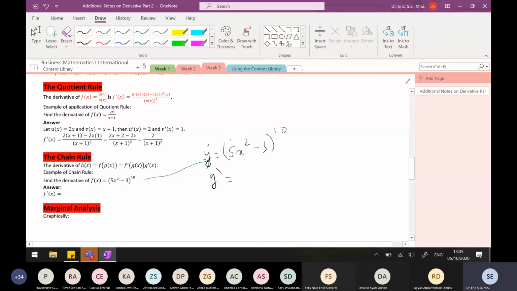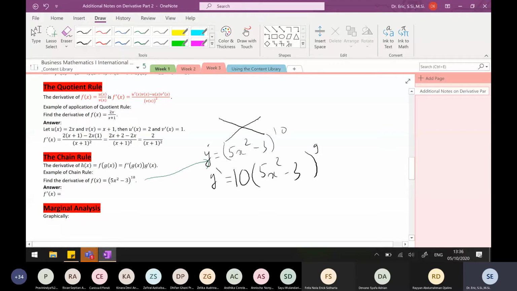Okay, you consider this as capital X. So this is capital X to the power of 10. So what is the derivative of X to the power of 10? It is 10 times the capital X, where capital X is 5x squared minus 3, to the power of 10 minus 1, which is 9.